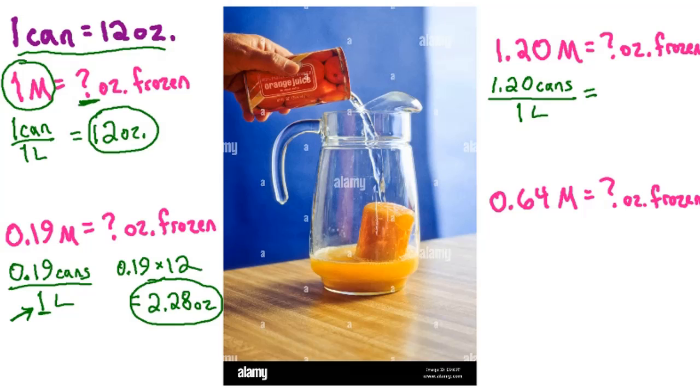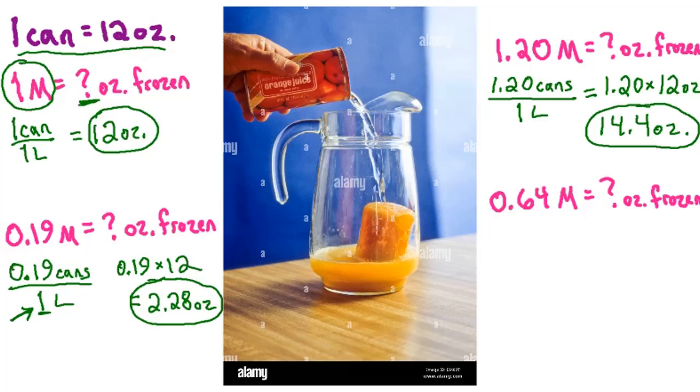So if we used 1.20 cans and it's 12 ounces per can, we're going to take the 1.20 cans times 12 ounces per can, and that gives us 14.4 ounces of frozen orange juice concentrate if the molarity is 1.20. So we have used 14.4 ounces in 1 liter of water, because molarity is all about 1 liter of water.